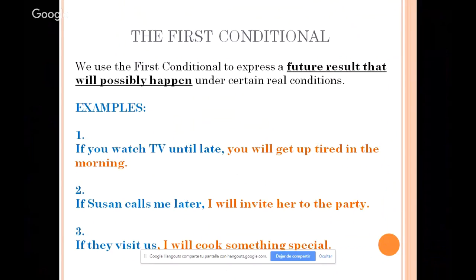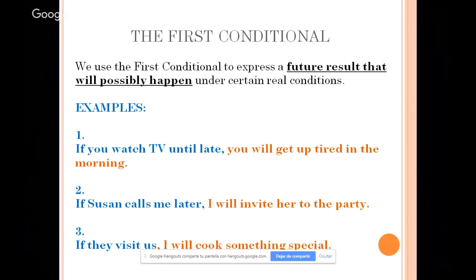If you watch TV until late, you will get up tired in the morning. That is the possible result, the result that would possibly happen.